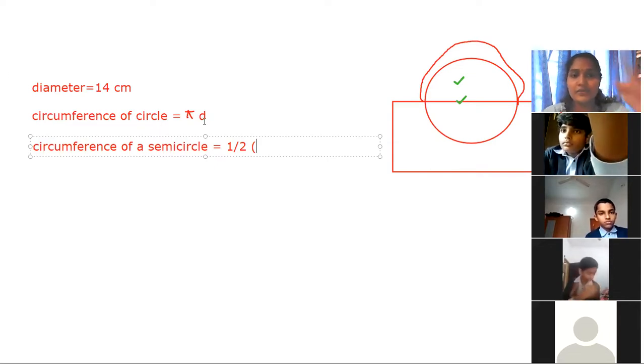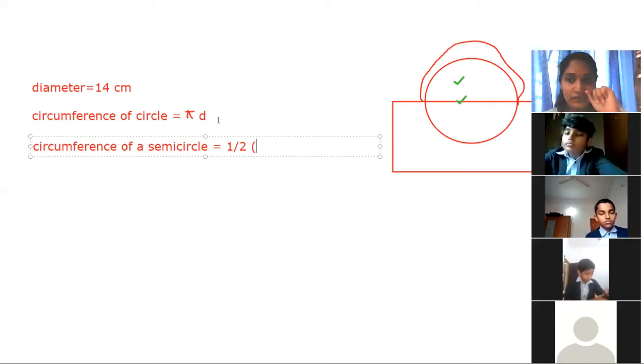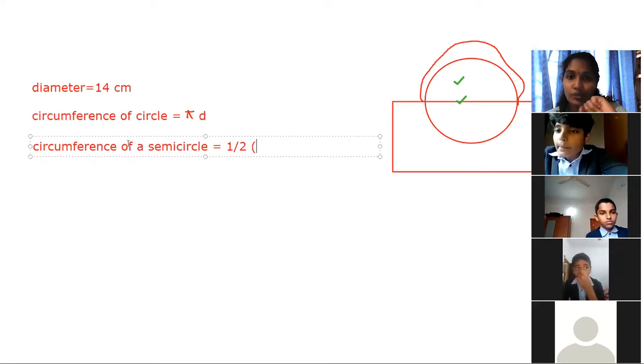The equation for the circumference of the circle we know. If we divide that equation by 2, we will get the equation for the semicircle. Clear? That means pi d by 2 is the equation here to find the circumference of a semicircle. Clear?